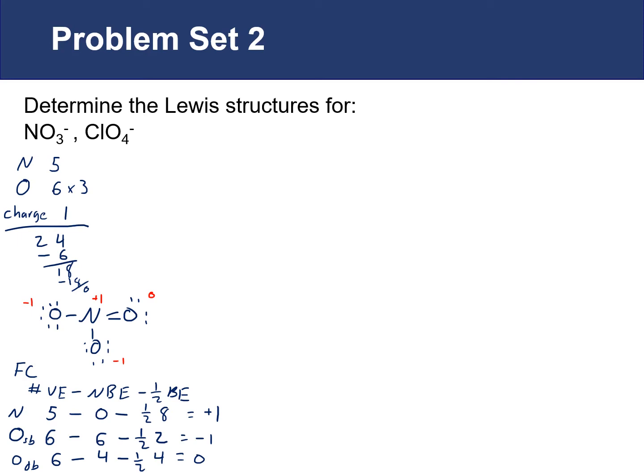But because we selected somewhat at random one of the oxygens to form the double bond, when we could have selected any of the other oxygens, we will have resonance structures. And where those resonance structures are going to differ is the location of that double bond. So we could also draw this as the nitrogen with a double bond to the bottom oxygen, and we could also draw this as a double bond to the leftmost oxygen.